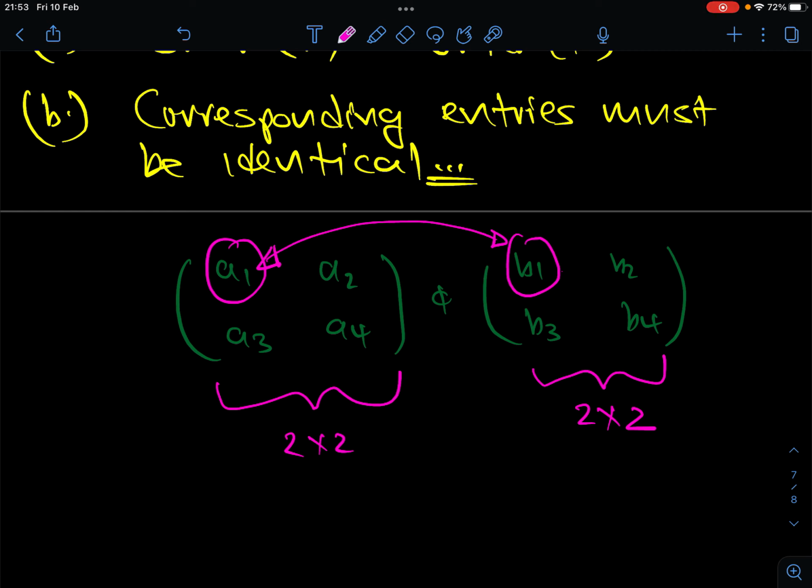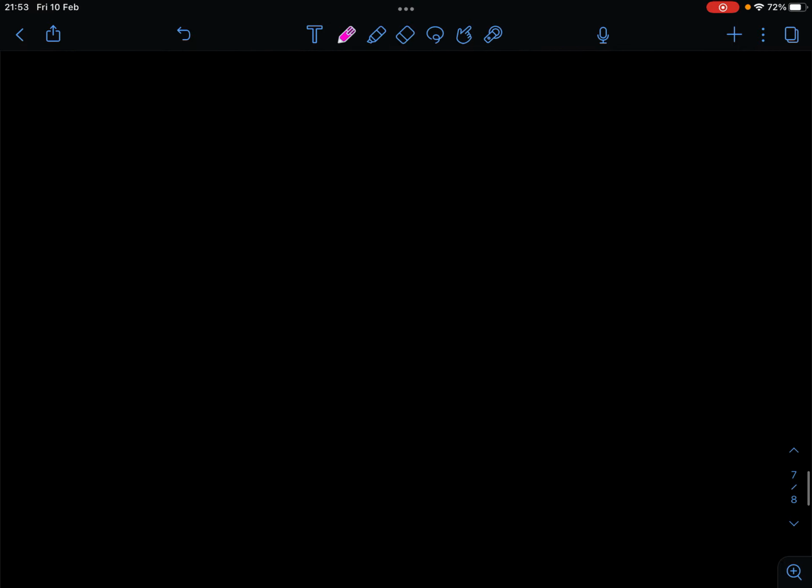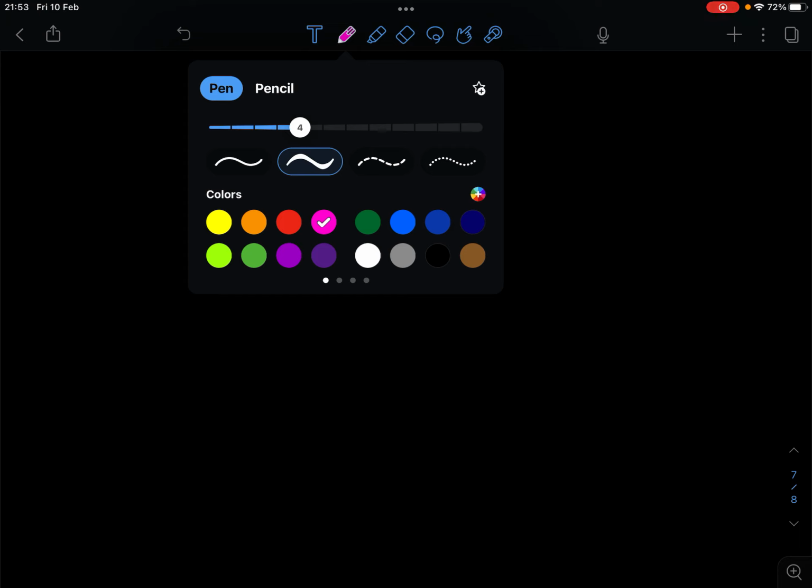You see that? Okay, now that we have laid down the equality of matrices, now it's time to talk about some of the most important things, especially when it comes to the discussion of matrices, which is none other than the operations of matrices. So, matrix operations.